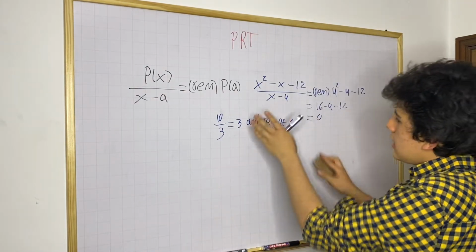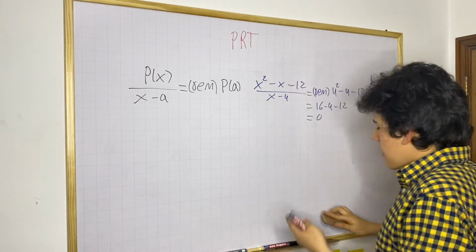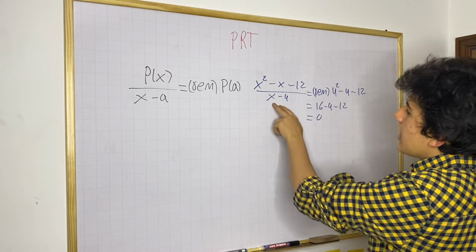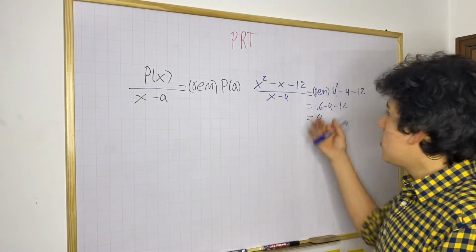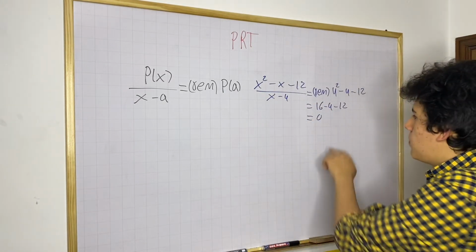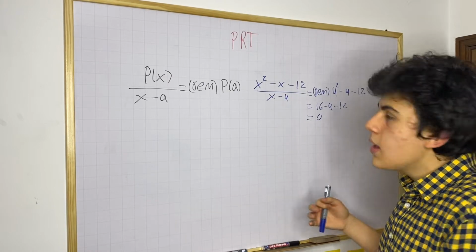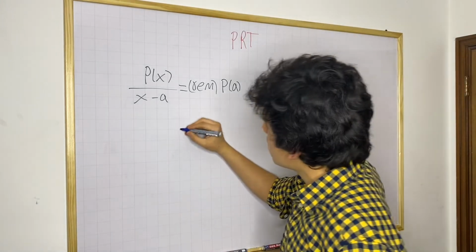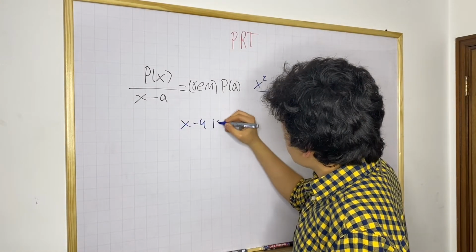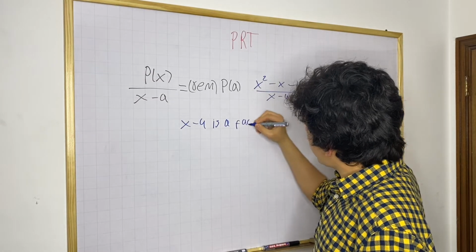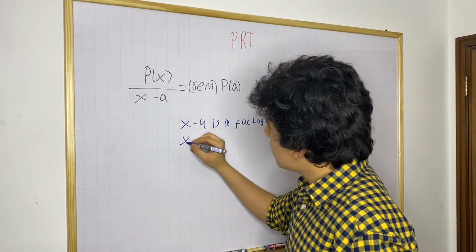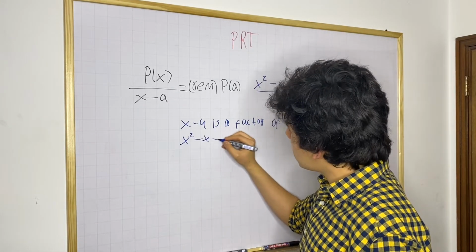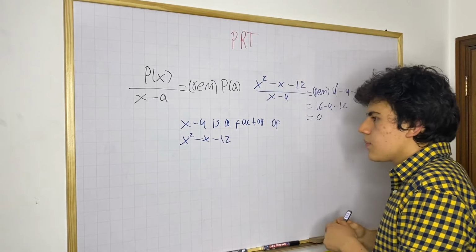So, in the case of this polynomial, x minus 4 can fit into the polynomial a perfect amount of times because we get a remainder of 0. It means that x minus 4 is a factor of the polynomial that we have, x squared minus x minus 12, okay?